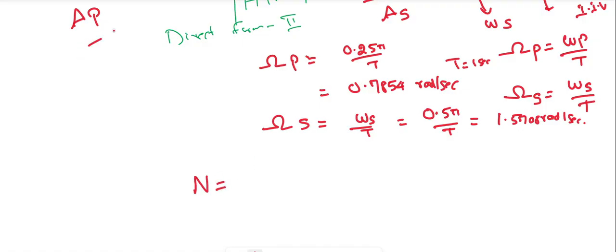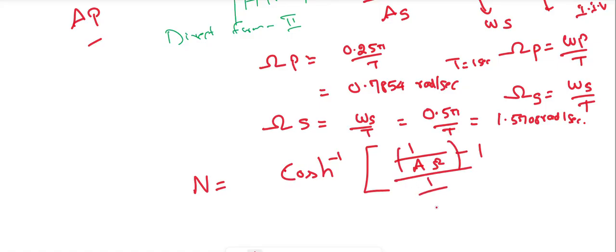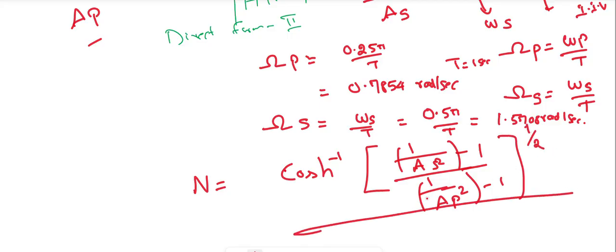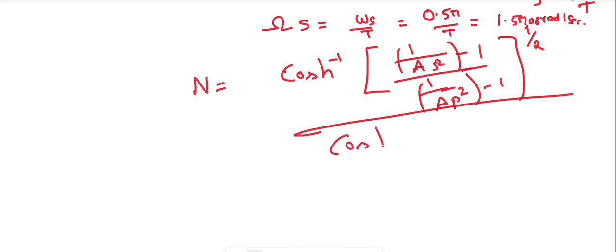From the given specification AP and AS, you can choose this formula: cosh inverse of the square root of (1 by the gain in stop band minus 1) divided by (1 by the gain in pass band minus 1), divided by cosh inverse of omega s by omega p.